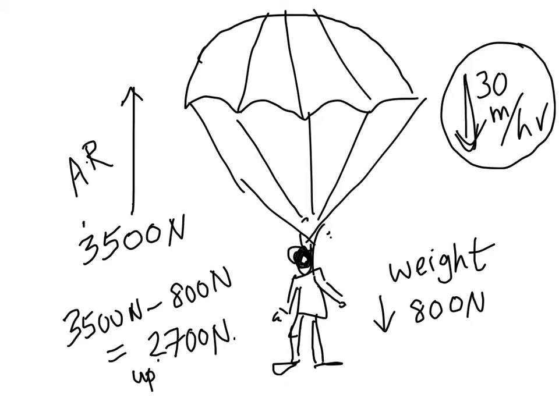So you need to state the direction, that now it's upward. Now, will the person start moving upward? Not really. The person is already moving downward at 30 miles per hour. So the effect of that unbalanced force, now the upward force, is that he will decelerate.